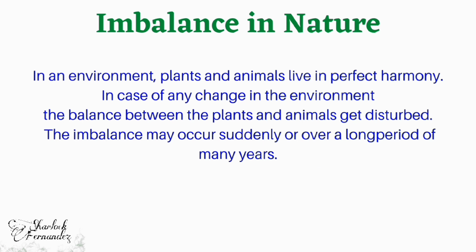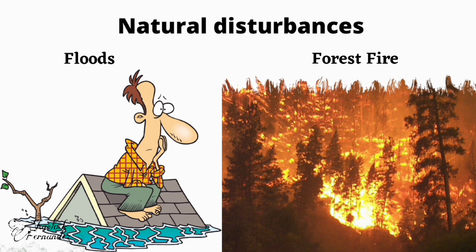In an environment, plants and animals live in perfect harmony. In case of any change in the environment, the balance between the plants and animals gets disturbed. The imbalance may occur suddenly or over a long period of many years.